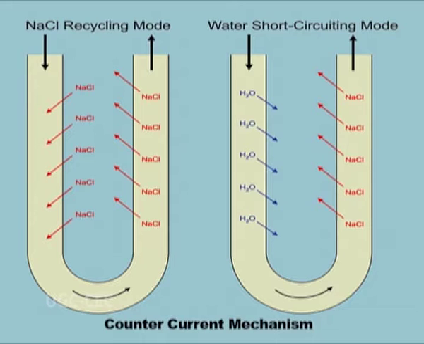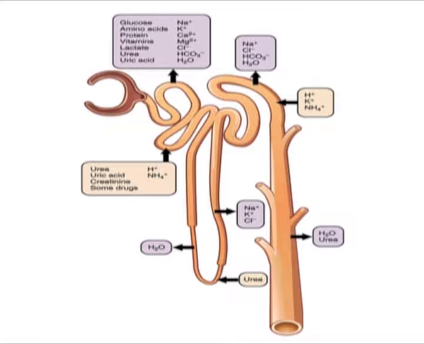The vasa recta thus carry the salt and nutrients back from the interstitium to the kidney without interfering with the osmolarity gradient. This hypotonic filtrate passes to the DCT in the renal cortex.